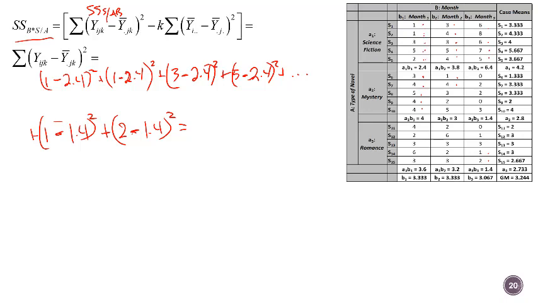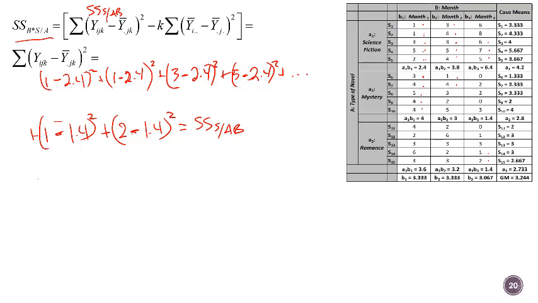You're going to go through each one of those, 15, 30, 45 times, and in the end you'll get your sum of squares S within AB.